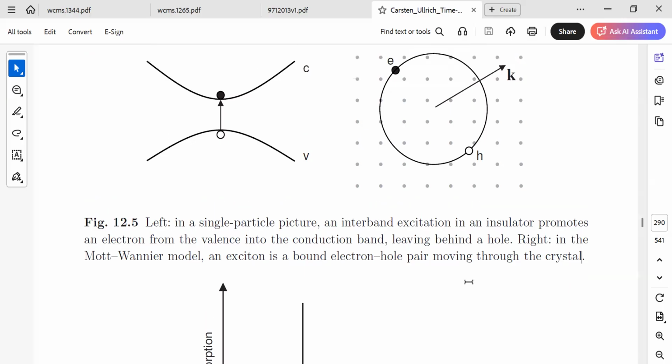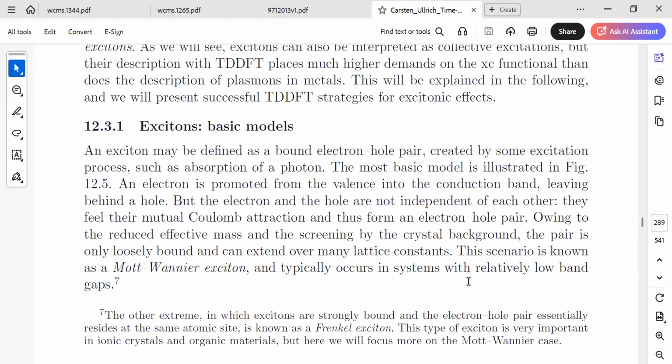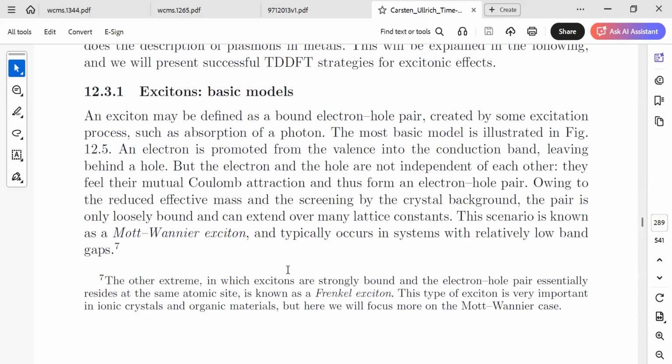Excitons. This sort of understanding is related to the excitons. So I think that's what we are going to study in my work. That is the missing information.